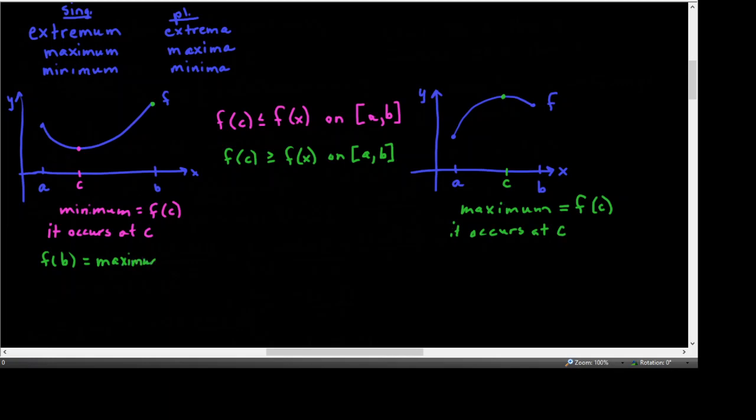And it happens to be an endpoint maximum. And over to the left, f of A is the minimum. And it also happens to be an endpoint minimum just because of the way I drew the functions. Okay?